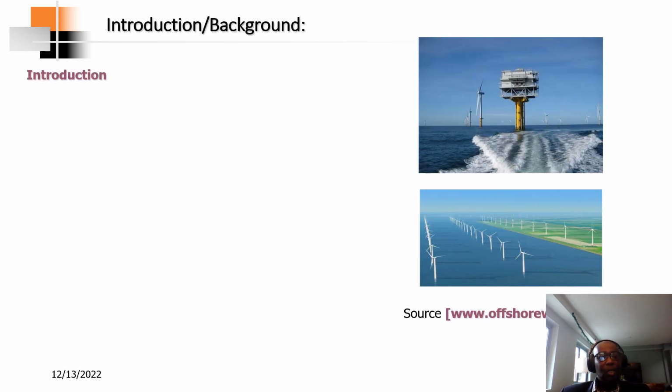Next is the first item on the outline, and that is the introduction part. As you know, there are a lot of challenges from the current energy sources. And what are the current energy sources that we have? We have coal, oil, gas, and nuclear.